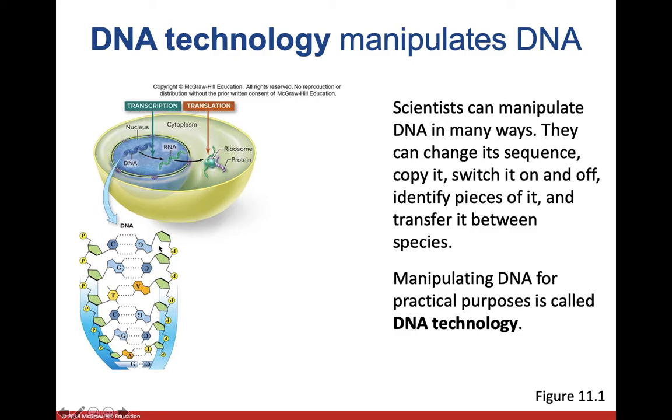Once the DNA sequence is changed, the protein is different, which means it does something different. So it might not be able to do something from the get-go, but when we change it, it can do something different, and that's the outcome that we're looking for. Manipulating DNA for practical purposes is called DNA technology, and that's what this lecture is going to cover.